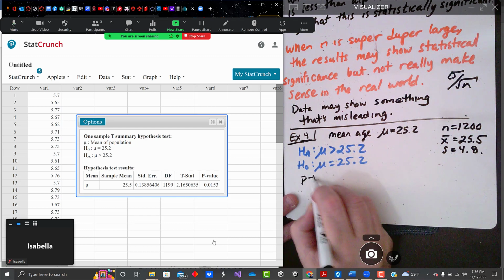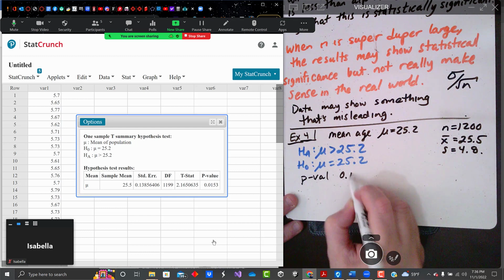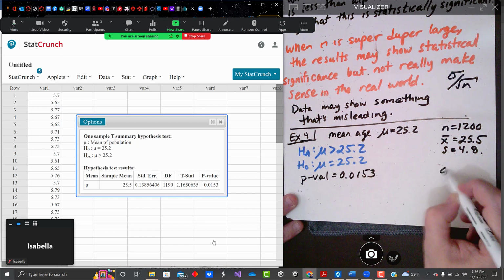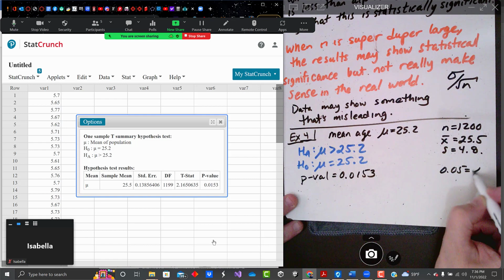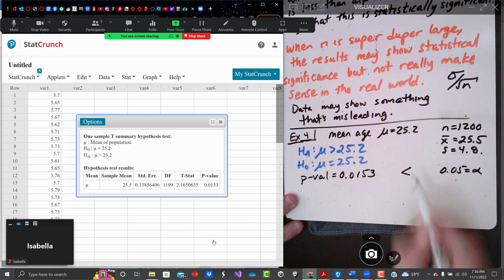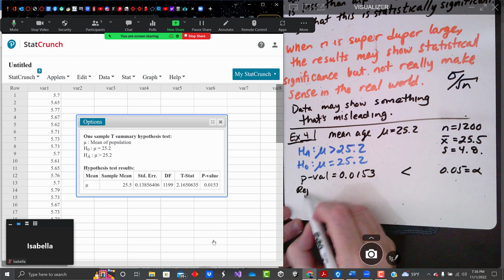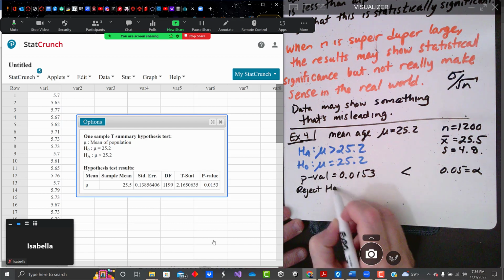The p-value is 0.0153. Comparing it to a standard alpha, the p-value is less than the alpha, which means we reject the H0 and support HA.